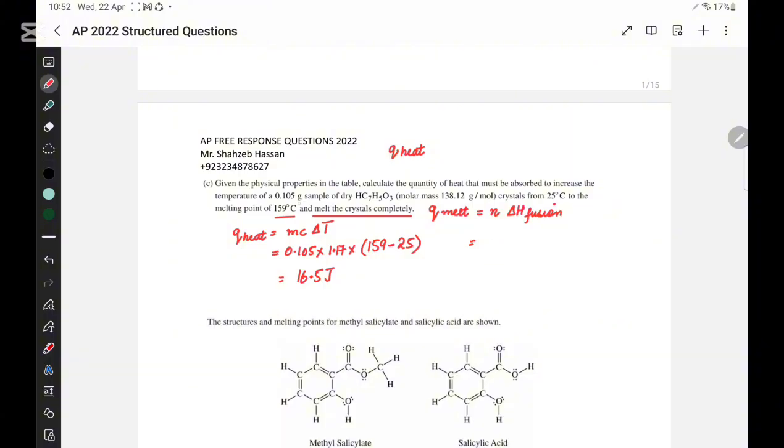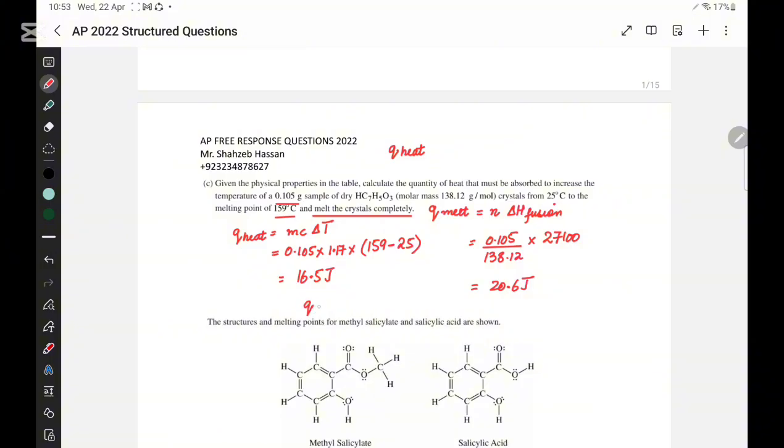Moles we can calculate. Mass we are given, 0.105, divided by molar mass, which is 138.12. Enthalpy of fusion is 27,100, and the answer comes out to be 20.6 joules. And when you have to add both of them, Q of heat and Q of melting.